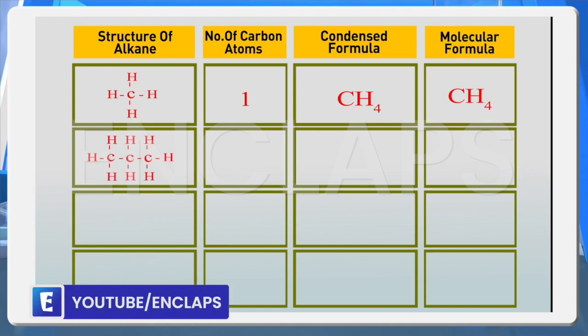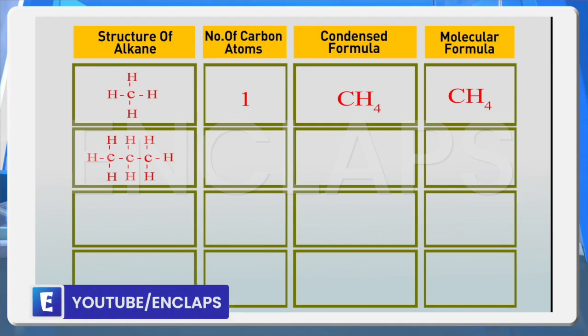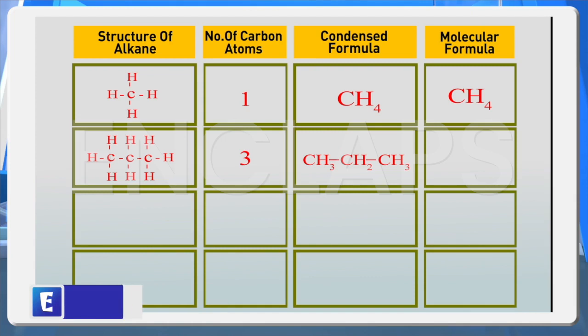The first carbon atom has 3 hydrogen atoms, the second carbon atom has 2 hydrogen atoms, then the third carbon atom has 3 hydrogen atoms. So total 3 carbon atoms. Then what is the condensed formula? First carbon atom, there are 3 hydrogen atoms. So CH3.